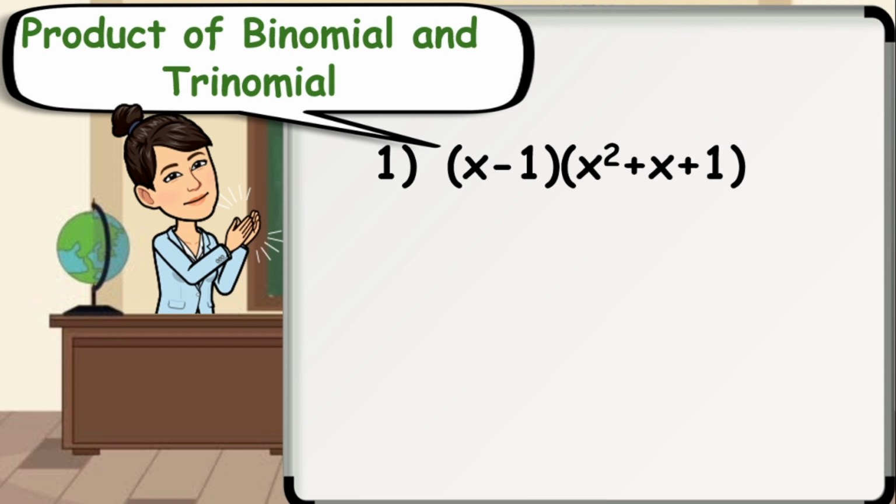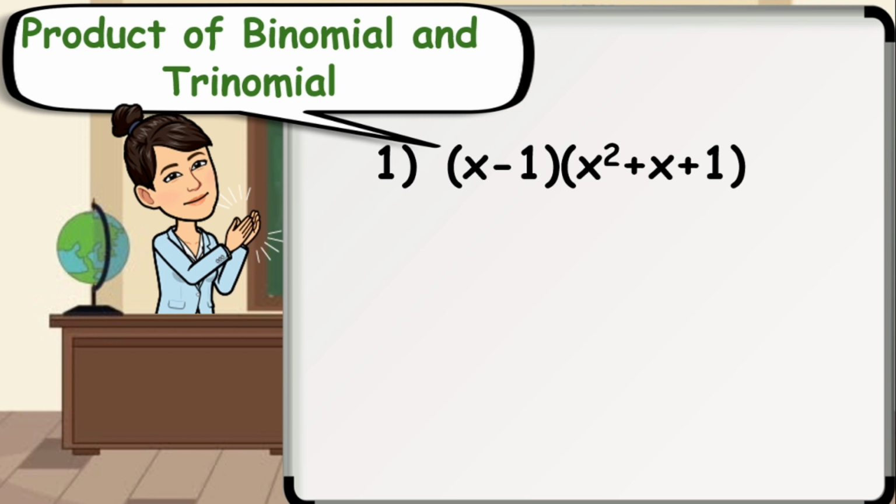The first term of our trinomial is x squared, which is the square of the first term of our binomial. Next, the second term of our trinomial is positive x, which is the additive inverse of the product of the first and second term of our binomial. And lastly, the third term is positive 1, which is the square of the second term of our binomial.